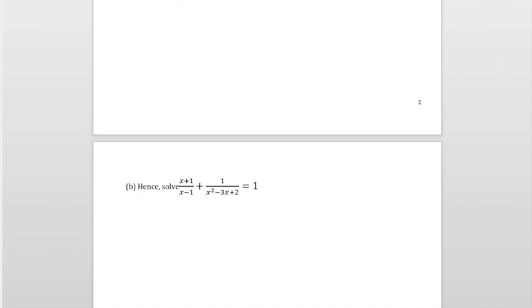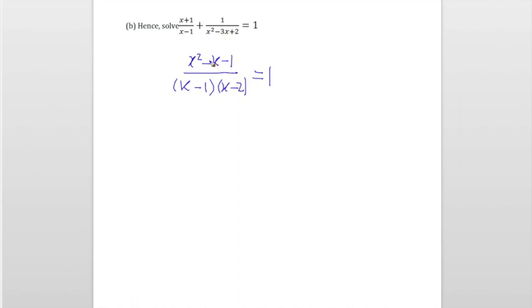Let us now move on to the next sum. We have to use the result to solve this equation. So our previous result is x squared minus x minus 1 over x minus 1 and x minus 2 equals to 1.